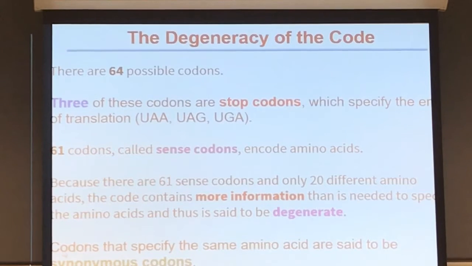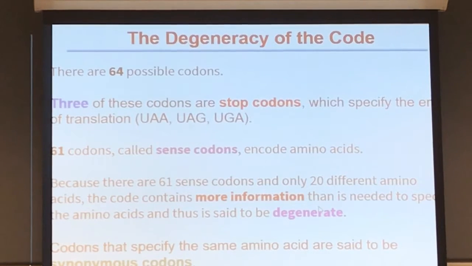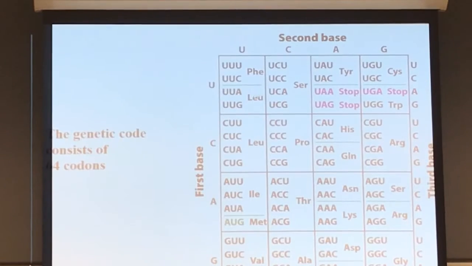And also, codons that specify the same amino acid are said to be synonymous codons, because more than one codon is coding for the same amino acid. So these codons together are synonymous codons, and the genetic code itself is termed degenerate. So look at this. Here you have 2 codons coding for phenylalanine, 2 for leucine, and 4 more for leucine.